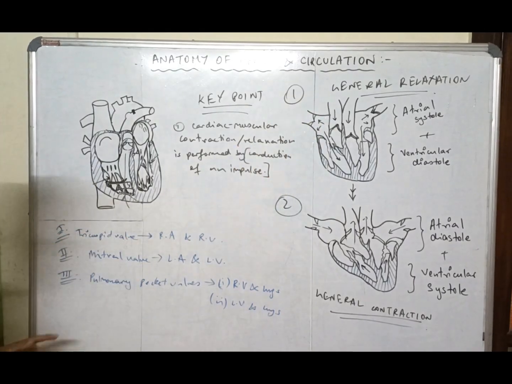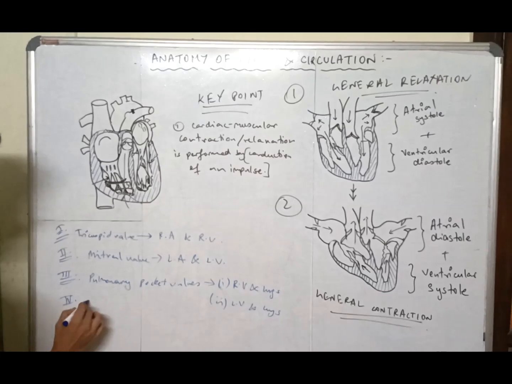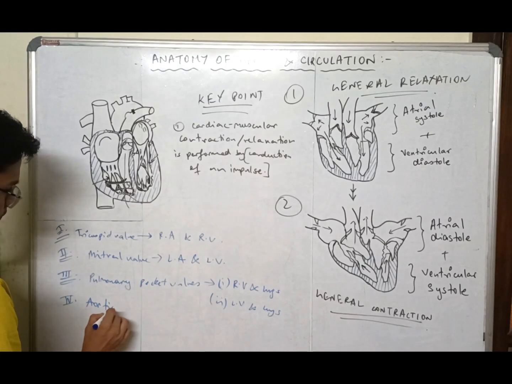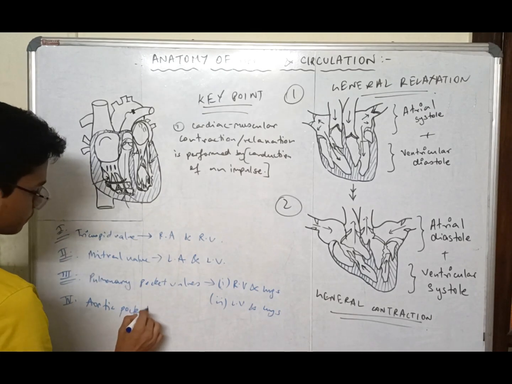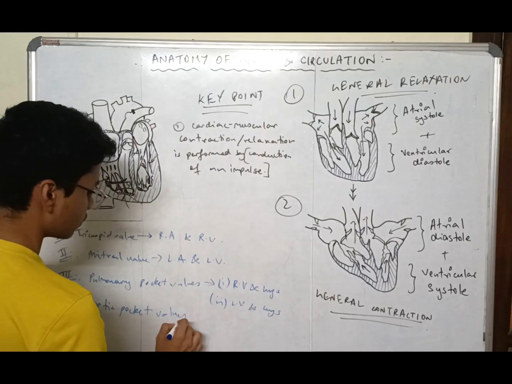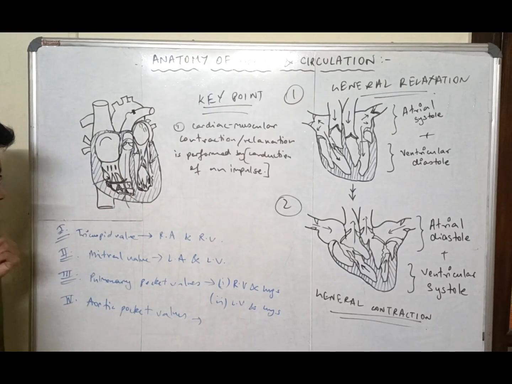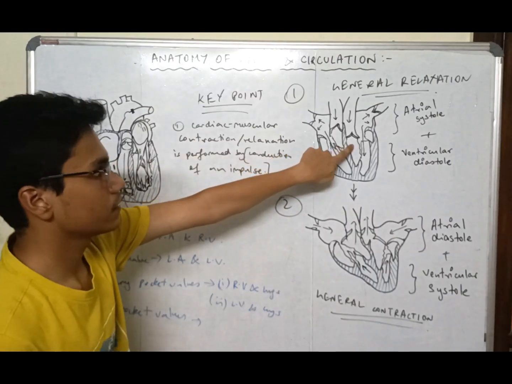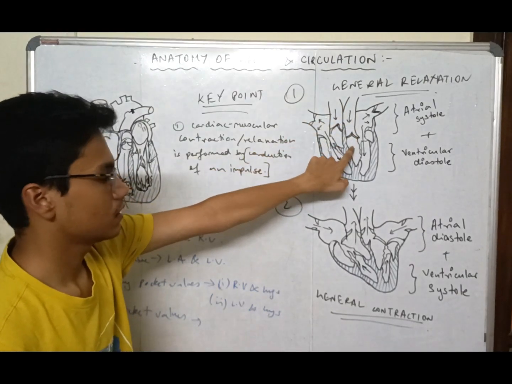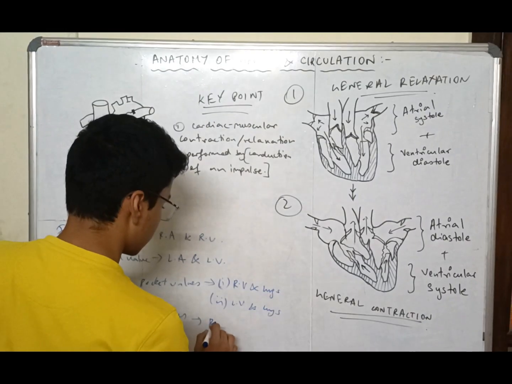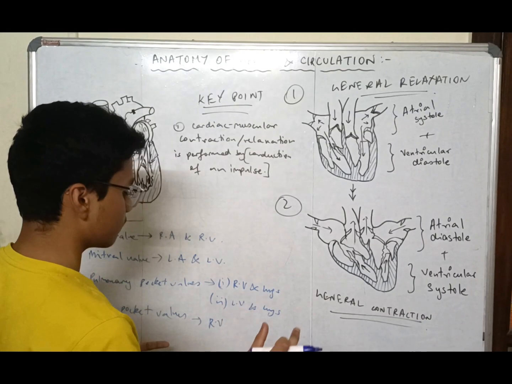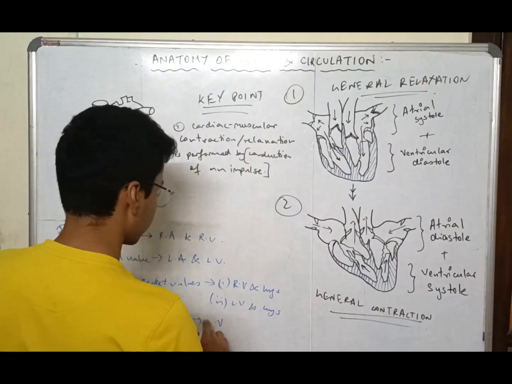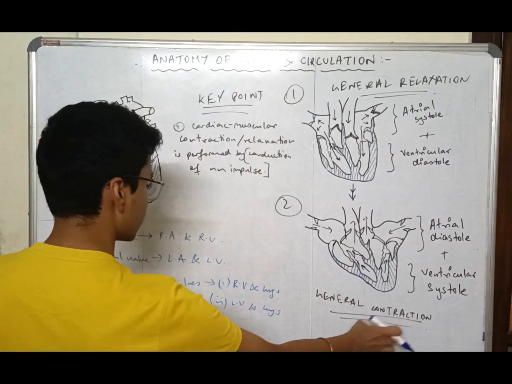Okay, and the fourth one being the aortic pocket valves. It is a simple theory, nothing to be so tensed about. So aortic pocket valves will be serving as for this measure. So that is for right ventricle or left ventricle? Definitely it is for left ventricle because it's systolic. It is under general contraction.